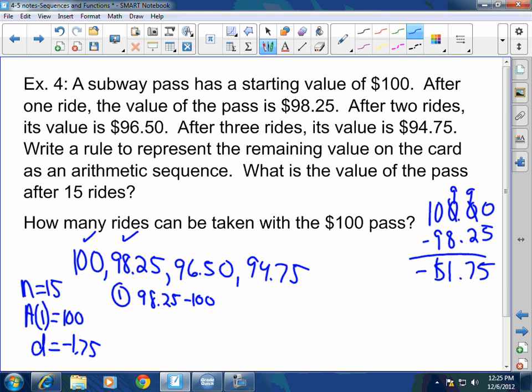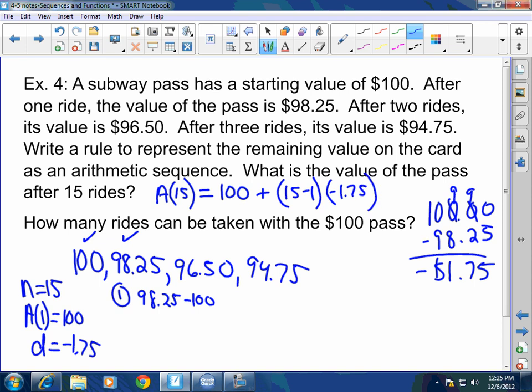So now my formula is going to be A of 15, my 15th term, will equal A1, which is my first term, plus n minus 1, which is 15 minus 1, times negative 1.75.